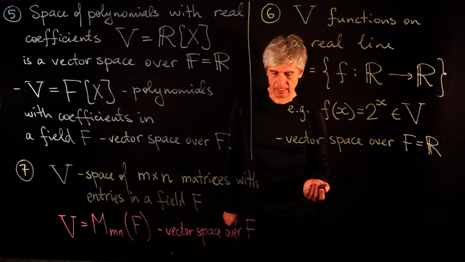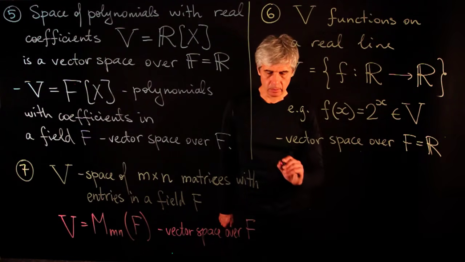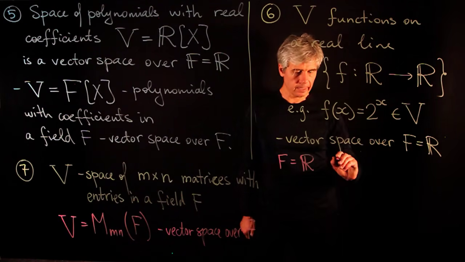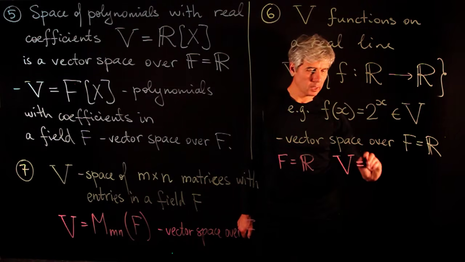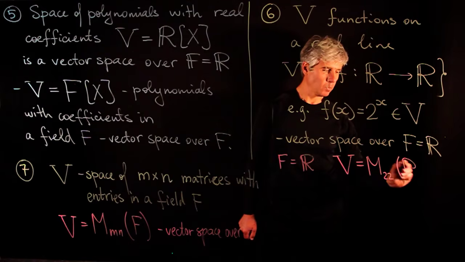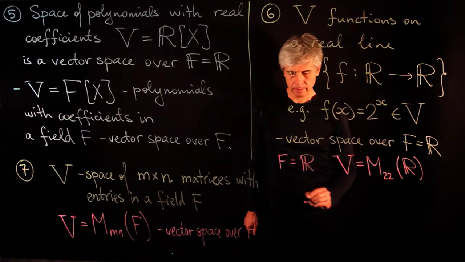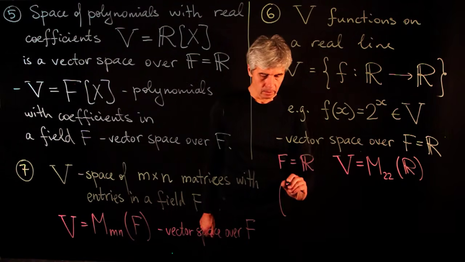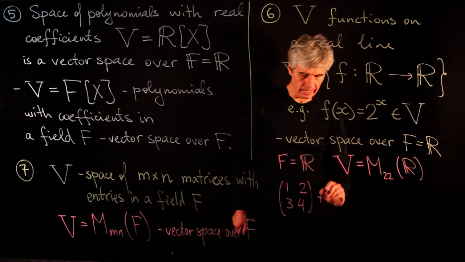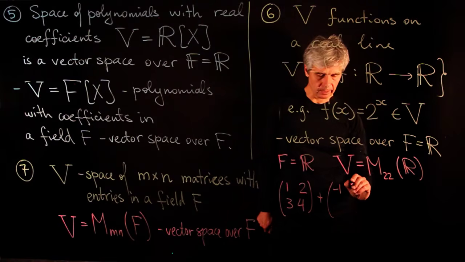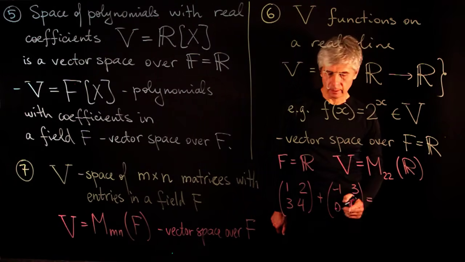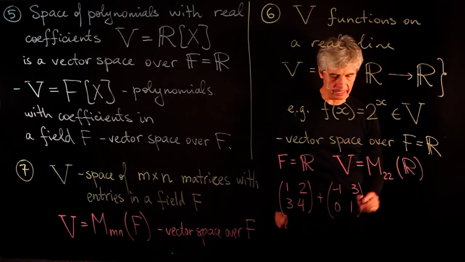So let's see an example of how we can do it. So let's take F to be real numbers and consider V to be 2 by 2 matrices, M22 over R. Right, and so then if we have 2 matrices, [1, 2; 3, 4] and [-1, 3; 0, 1], then we add matrices component-wise.